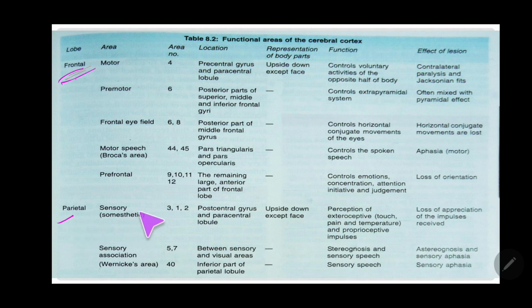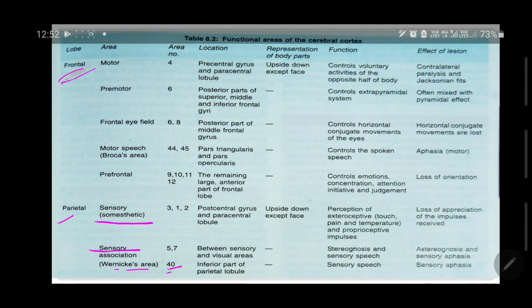Parietal lobe, about all the sensations present here, this is the primary somesthetic area, this is the secondary association area, take 5 and 7. Then Wernicke's they have mentioned as 22 here, 40 here. I told you there is a dispute among different authors. Need not worry about the numbering, but you should know the purpose and the function. All this, the location I've already told you.